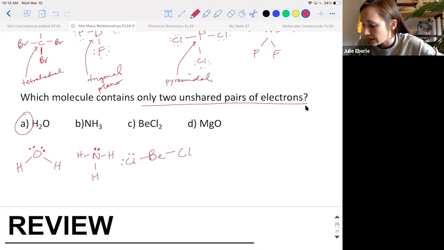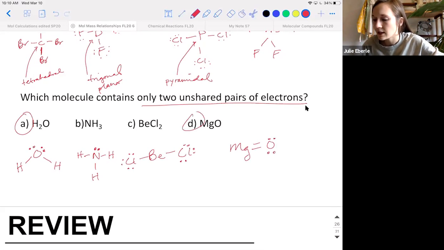These chlorines have tons of lone pairs, right? So that's 6 unshared pairs of electrons. So that does not fit. And then Mg double bonded to oxygen. That one should also have 2 unshared pairs. So A and D actually both fit there. All right, that's that one.